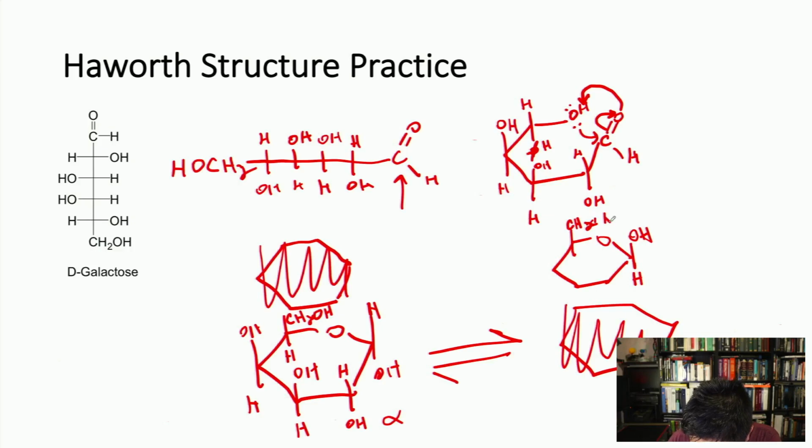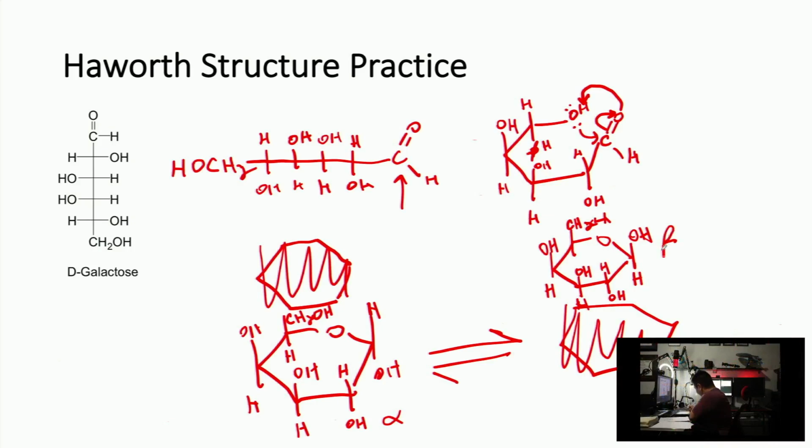I think I'm writing a little bit too fast for the Apple Pencil again. OH. H. OH. H. H. OH. Right? So that one is the beta version of D-galactose.